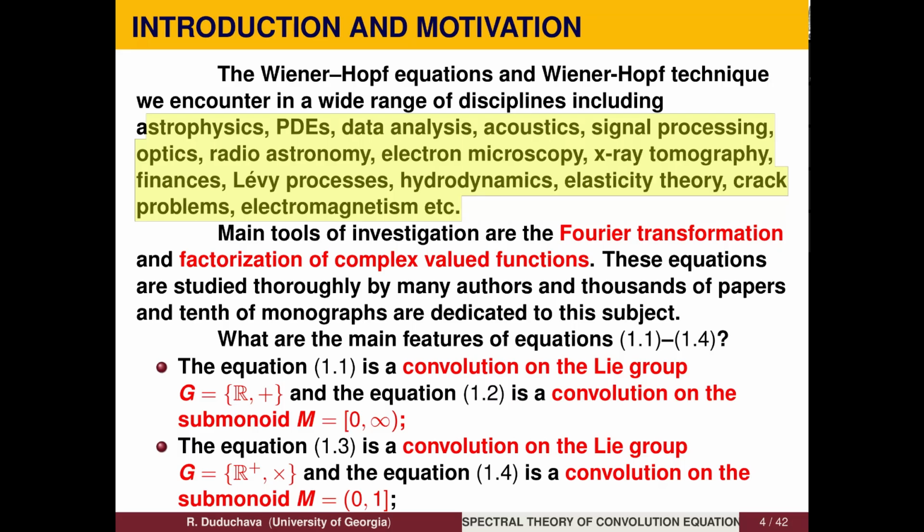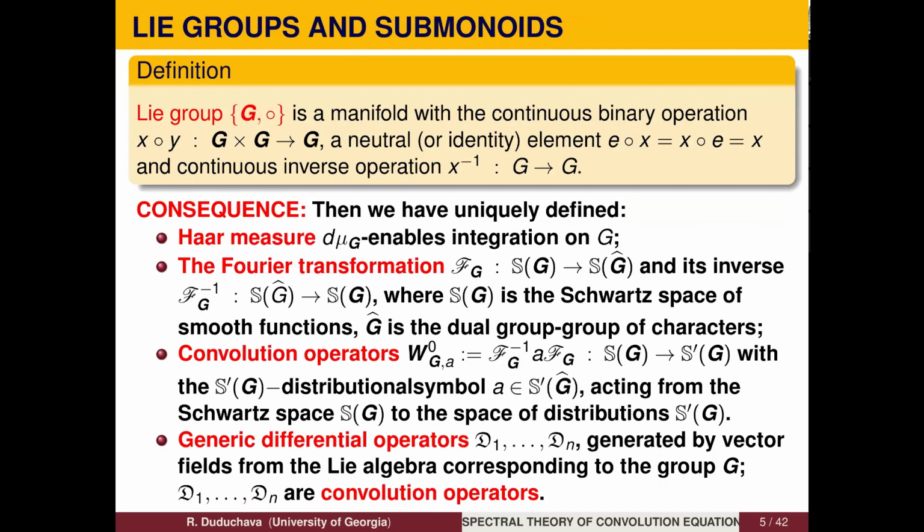Perhaps many of you know this, but let me remind you of this trivial definition from algebra. What is a group, and what is a monoid and submonoid? A Lie group is a manifold with a continuous binary operation, where for a pair of elements we get one element as a result of this group operation.